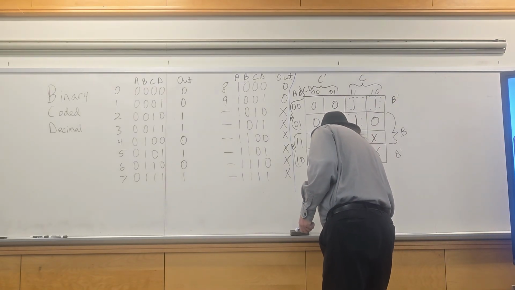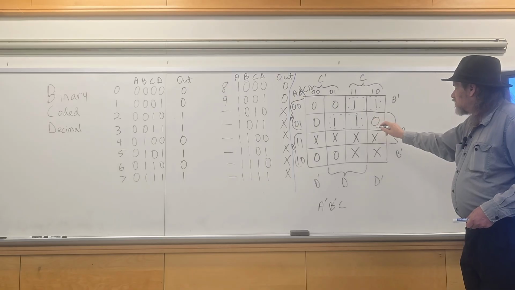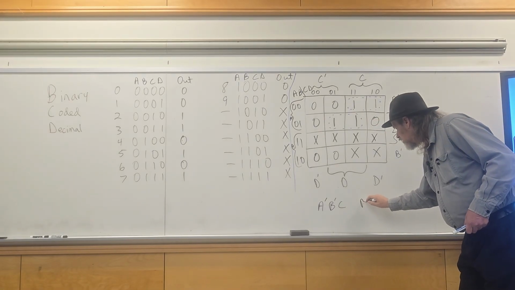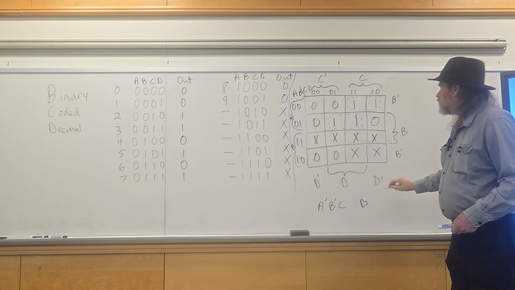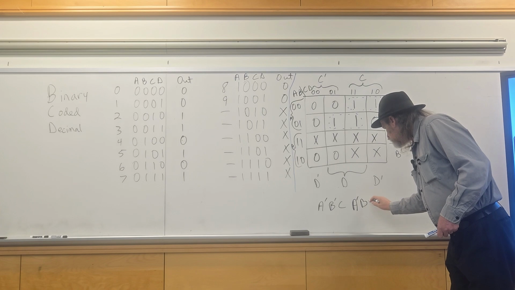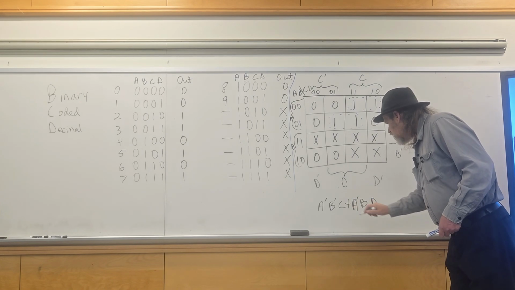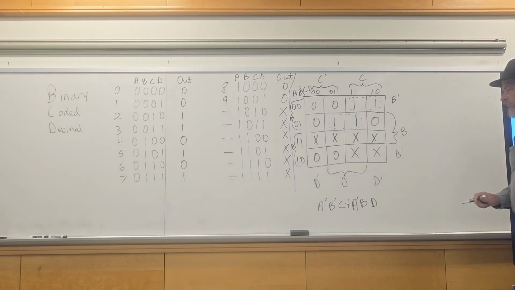A prime, B prime, C. And this group would be A prime B, D. Okay, so 6 literals and 2 terms.